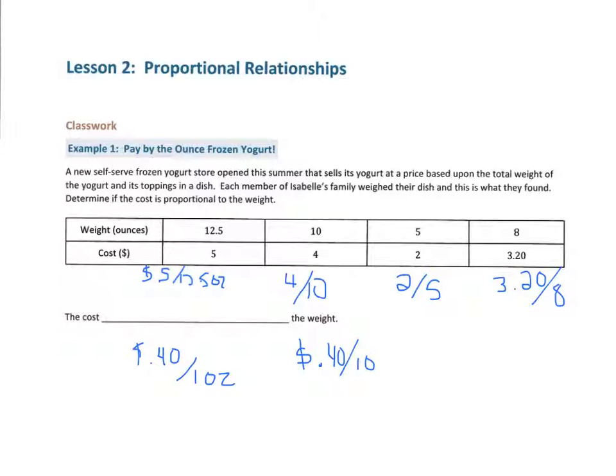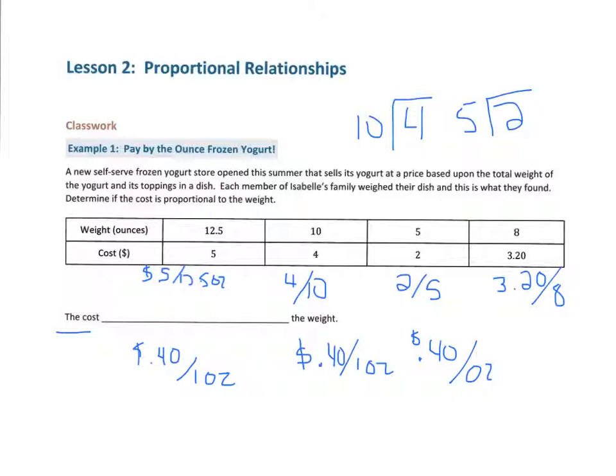To get those per 1, all we are doing is dividing. We're dividing 4 by 10, or dividing 2 by 5. Once we do that division, we see that the cost is always 40 cents per 1 ounce.